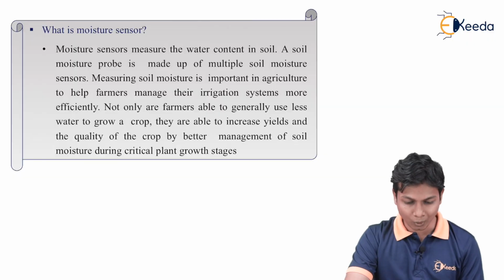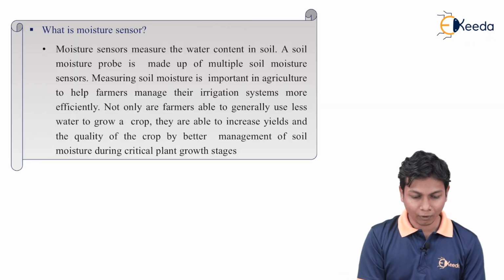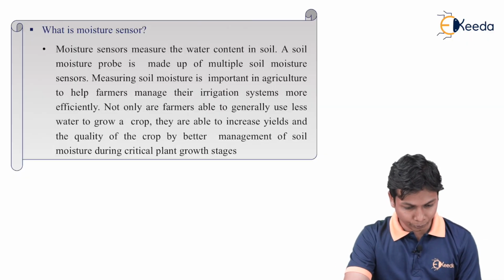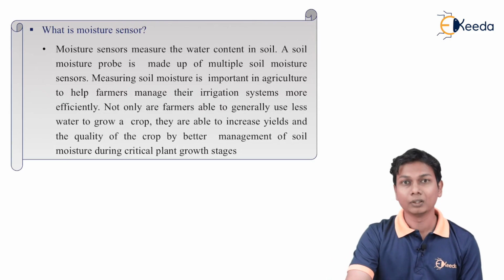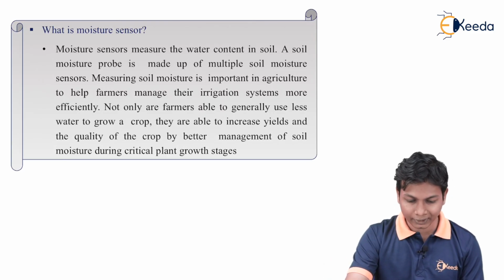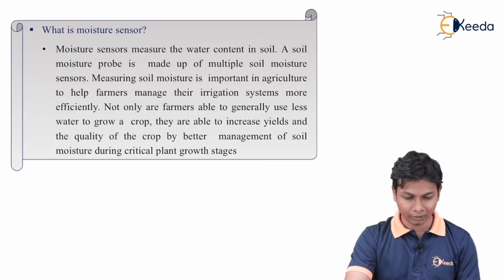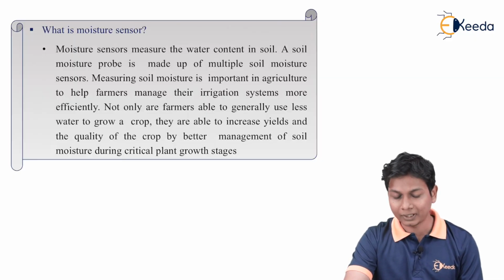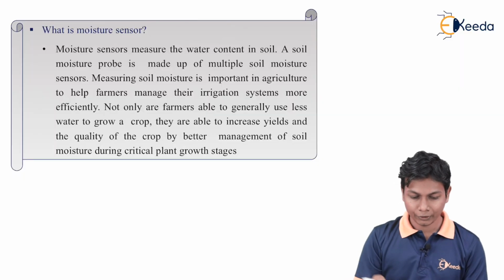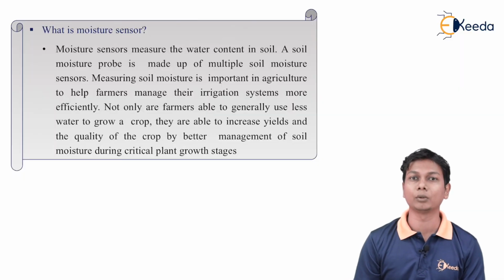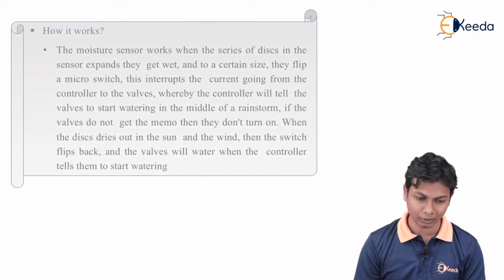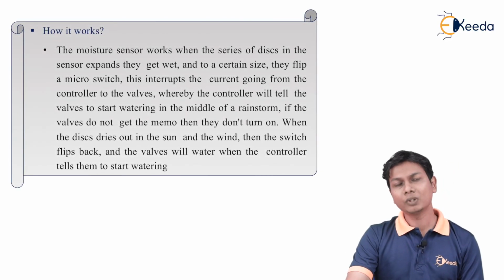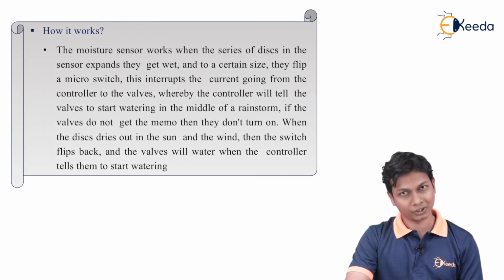And why is it required? Because the farmer is able to use less water to grow a crop, and is able to increase the yield and quality of the crop through better management of the soil during the critical plant growth stages. Now, how does this moisture sensor work?